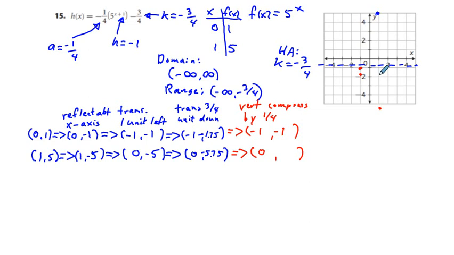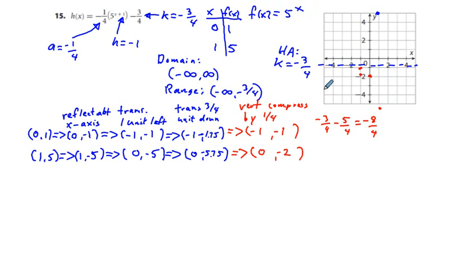So 5/4 of 1, 2, 3, 4, 5. That's going to be 5/4 below the asymptote. So we're going to have negative 3/4, which is the value of our horizontal asymptote, minus 5/4. And so we're going to get negative 8/4, or negative 2. So we have our point 0, comma, negative 2 right here like this.